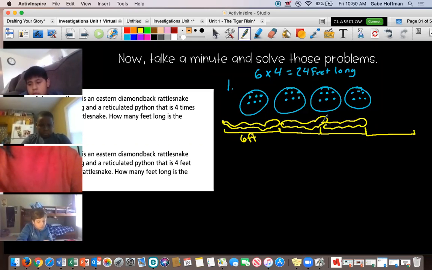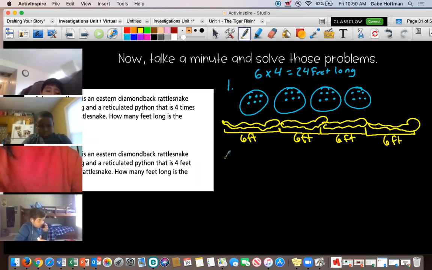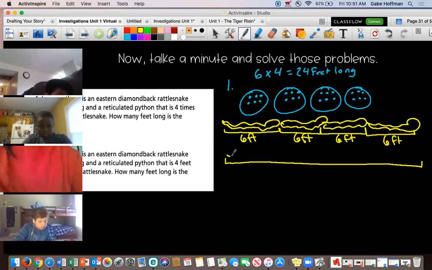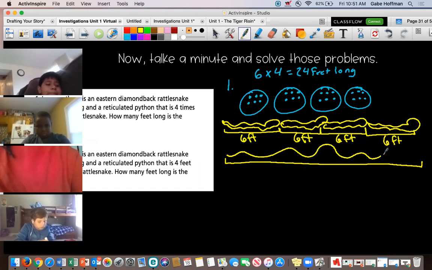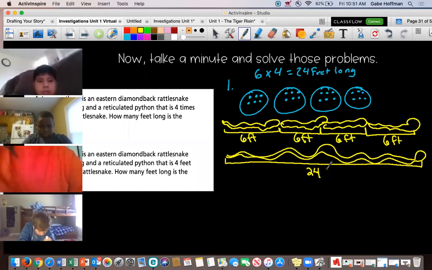So there's our rattlesnakes laid out side by side, and there's 4 of them, and each of them is 6 feet long, right? And then underneath them, we have this one big python, and he is the same length as 4 of those rattlesnakes next to each other because he's 4 times as long. So then that whole thing would be 24 feet.